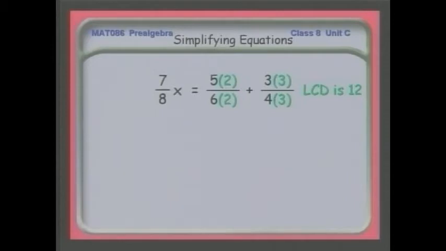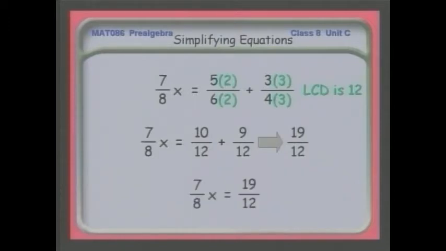Therefore, I can multiply the 5/6 by 2 in the numerator and denominator, and the 3/4 by 3 in the numerator and denominator. Notice again that I'm not changing the value of the fractions because I'm multiplying each of those fractions by 1. So their value stays the same, but now I have 10/12 and 9/12, and I can add those two together to get 19/12.